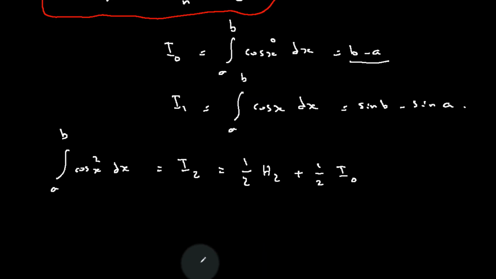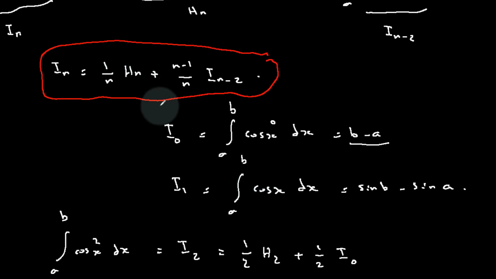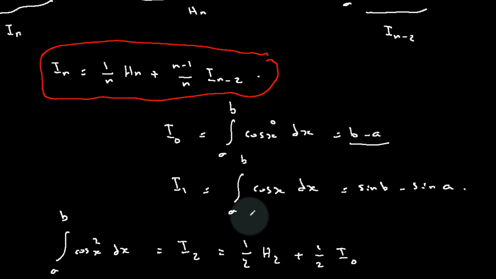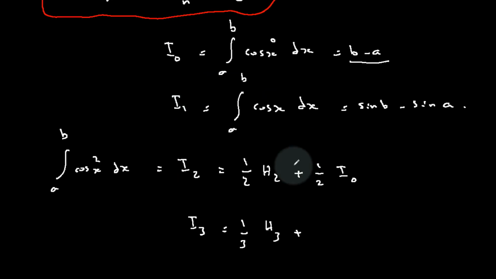Now if we continue, we always apply our recurrence relation. I3 is equal to 1 over 3 h3 plus n minus 1 over n, so 3 minus 1 over 3, which is 2 over 3 I1.